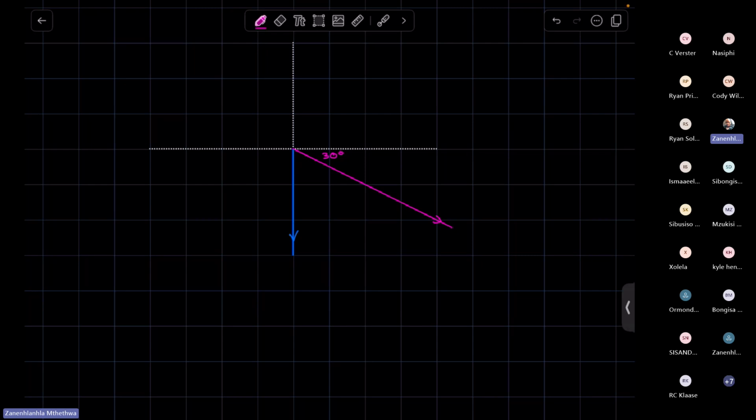Now, in completing your parallelogram, all you do is here, you are going to have this vector drawn from this end. So essentially, you draw a Cartesian plane there. But for this case, you do not necessarily have to draw a Cartesian plane.